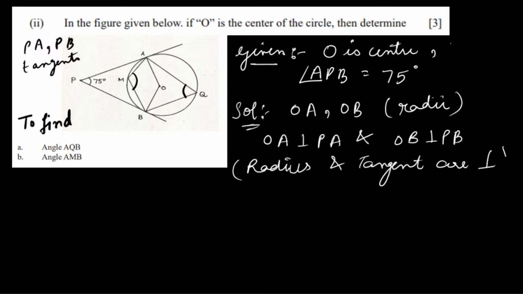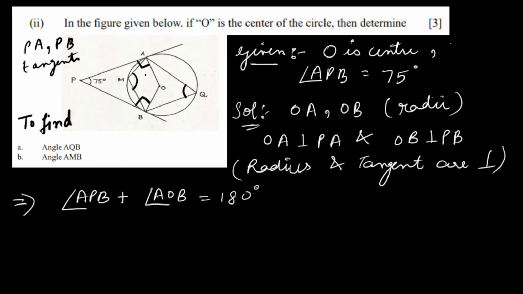So this angle is 90 degrees, and this angle is also 90 degrees. So angle APB plus angle AOB is equal to 180 degrees.